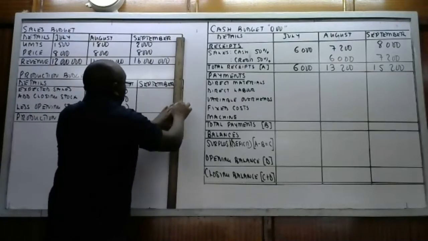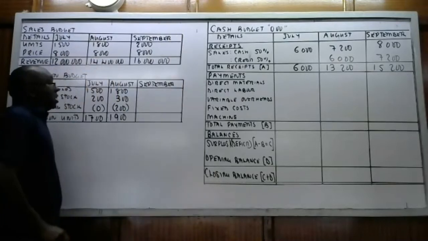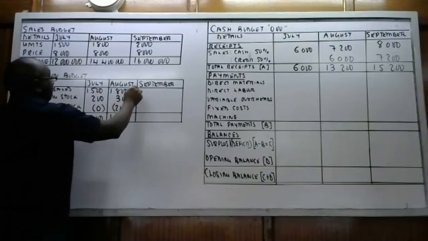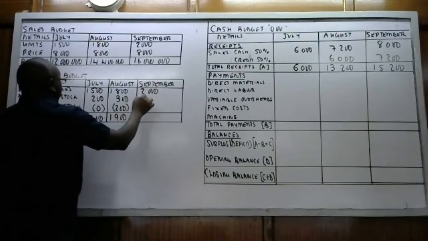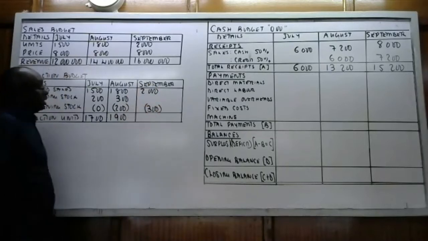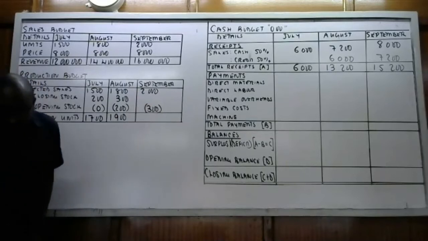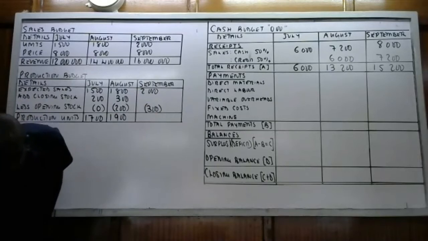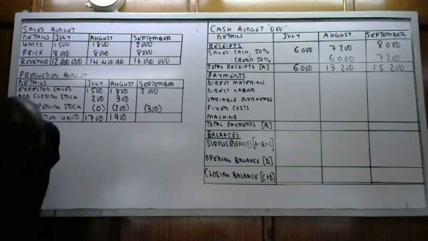September, we also argue the same way. We sold 2,000. The opening is 300. And then the production was 1,900.